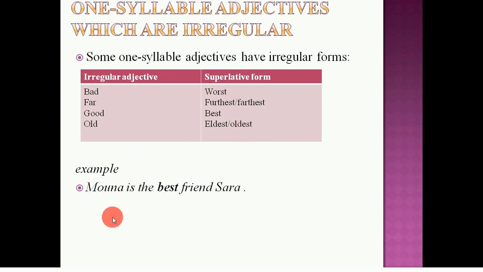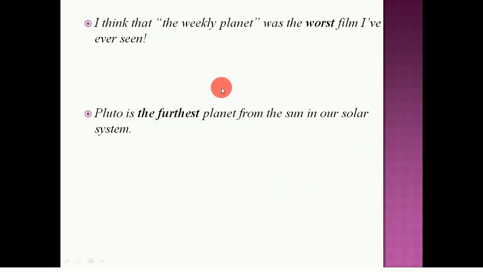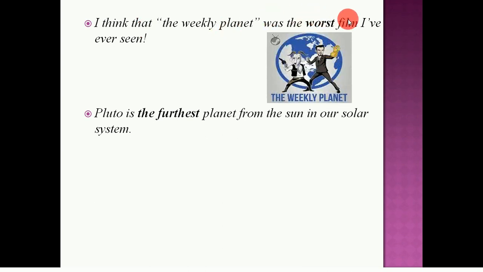Example: Muna is the best friend of Sarah. Okay. Another example: I think that The Weekly Planet was the worst film I have ever seen.